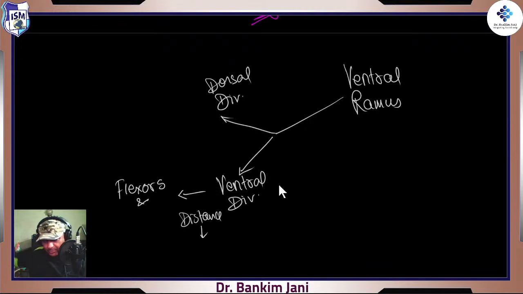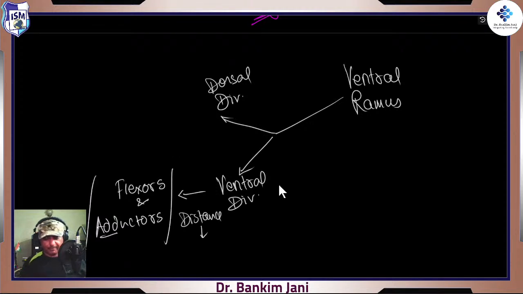Abductors take away, adductors add, they come near. Dorsal divisions increase the distance.